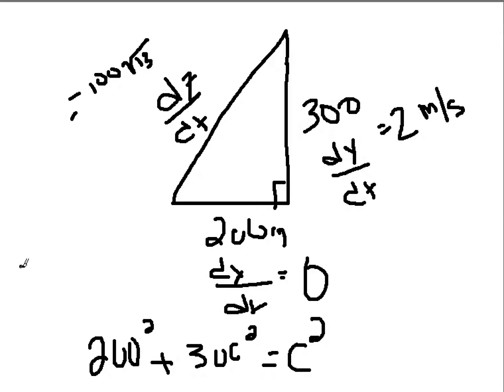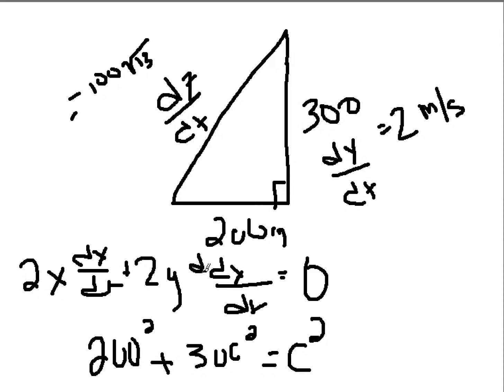So when I differentiate this, I'm going to get 2x dx/dt. So I'm just differentiating the Pythagorean theorem, plus 2y dy/dt equals 2z dz/dt. Now, dx/dt is not changing, so this term goes away completely.